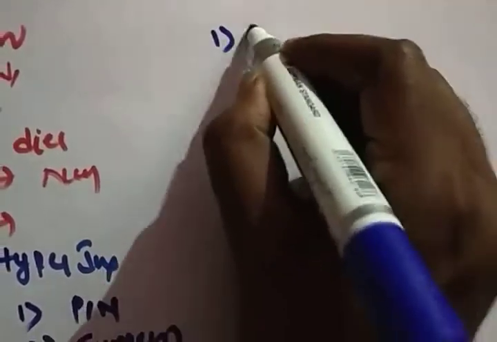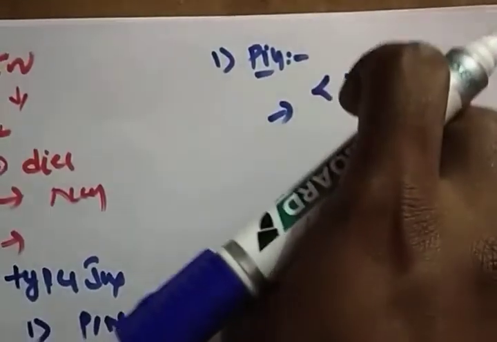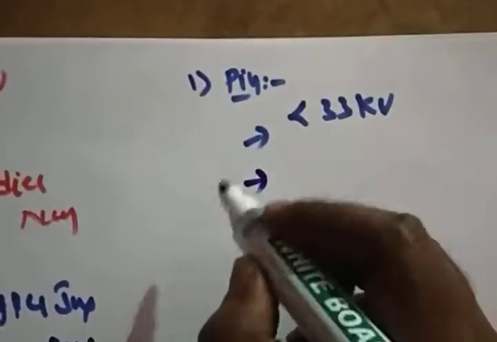What is a pin type insulator? The pin type insulator can be used for voltages less than 33 kV, like in a distribution system. All the insulators are made of porcelain. Definitely there are some other materials also, but we are not using them nowadays.